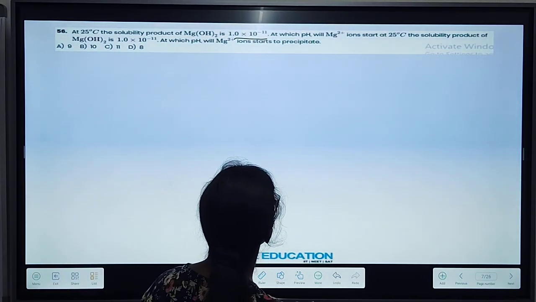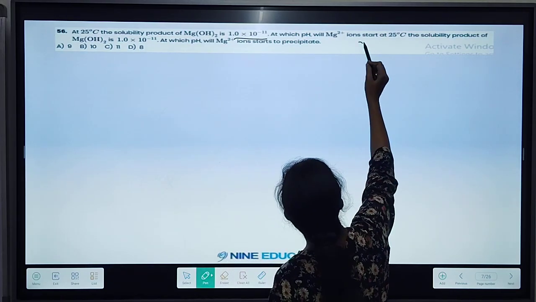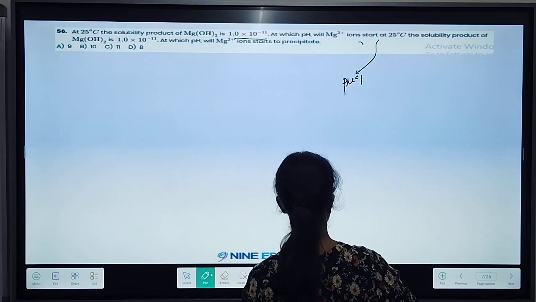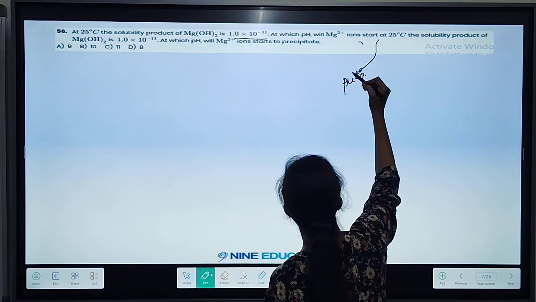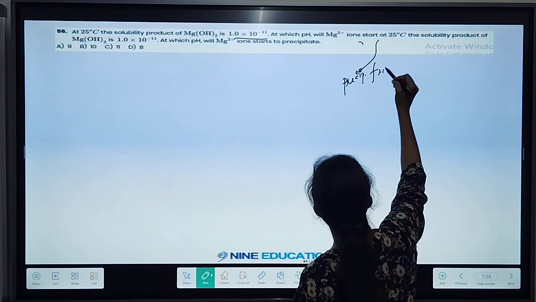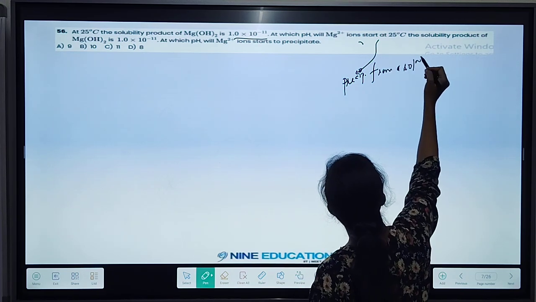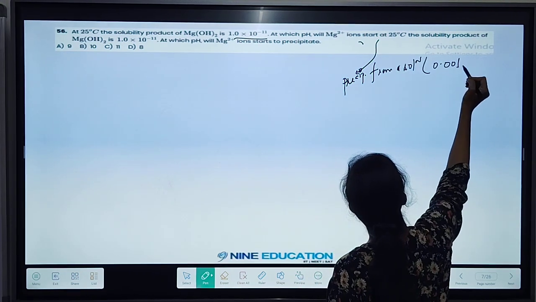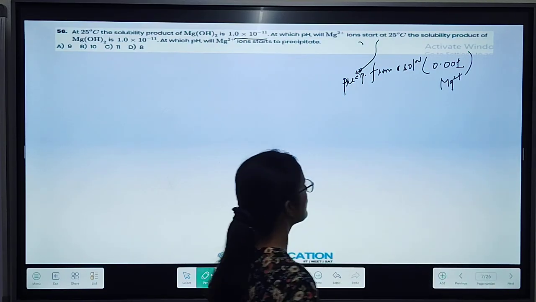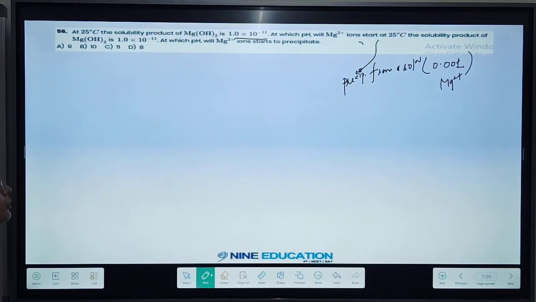The statement should be: at which pH will Mg2 plus ion start precipitating in the form of Mg(OH)2 from a solution of 0.001 M Mg2 positive ions.